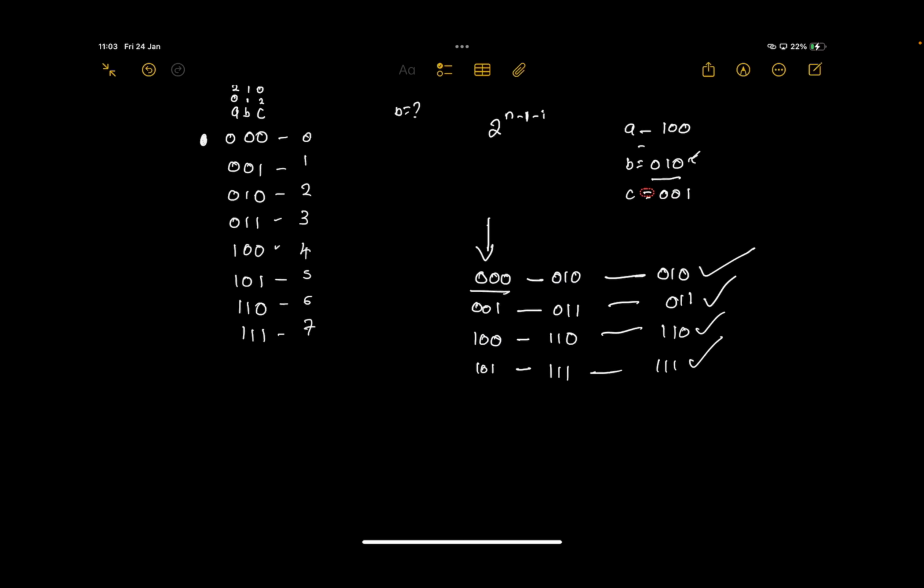So for every target there's a power, right? A is 2 to the power of 2, which is equal to 4, which is also equal to this 1, 0, 0. Then B is 2 to the power of 1, which is 2, which is equivalent to 0, 1, 0.